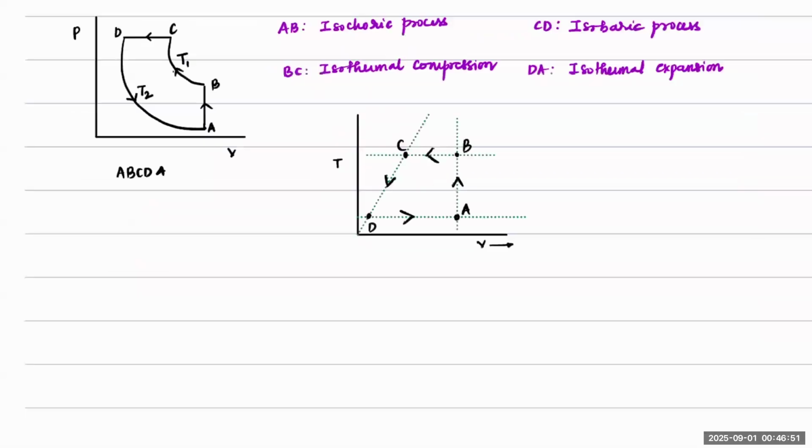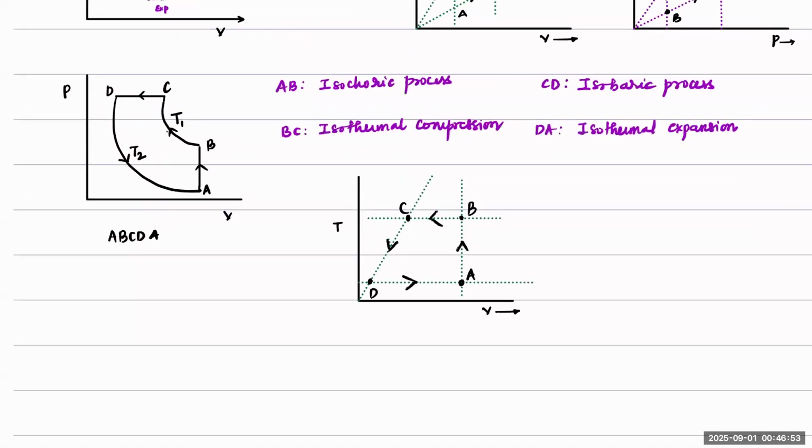So I hope all of you understood how the transformation happened from this graph to this graph. Any doubt? Clear?